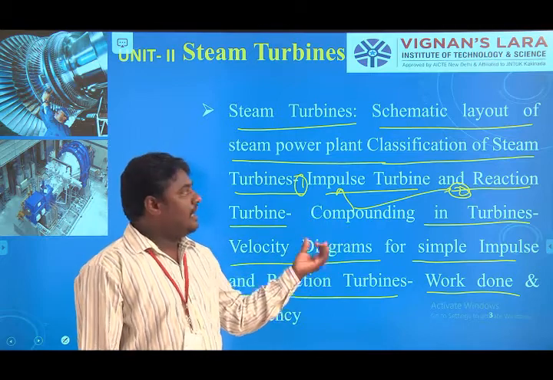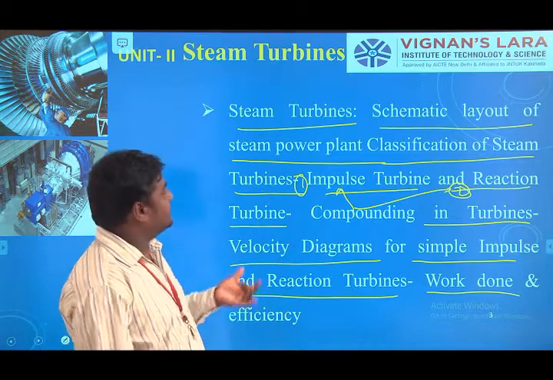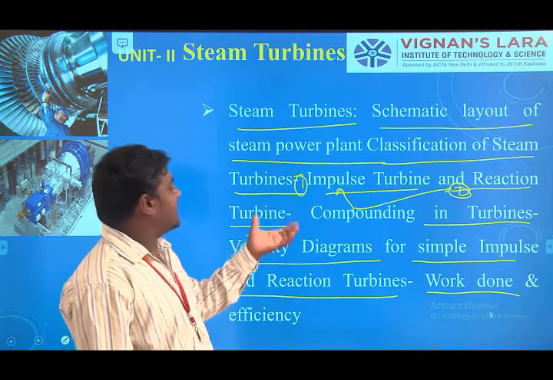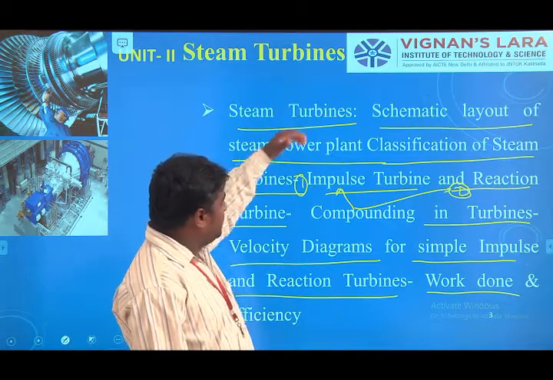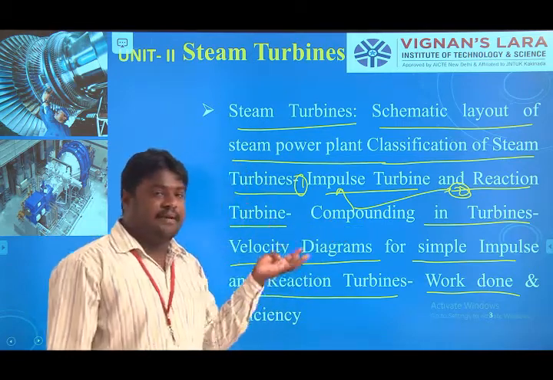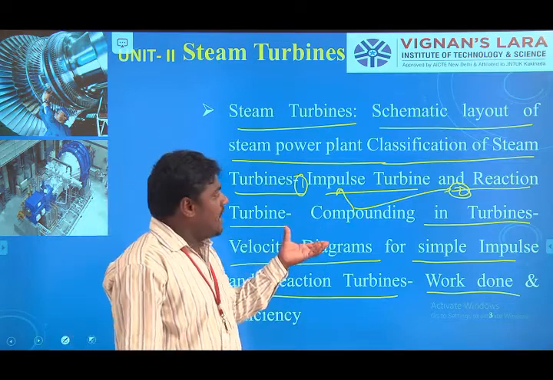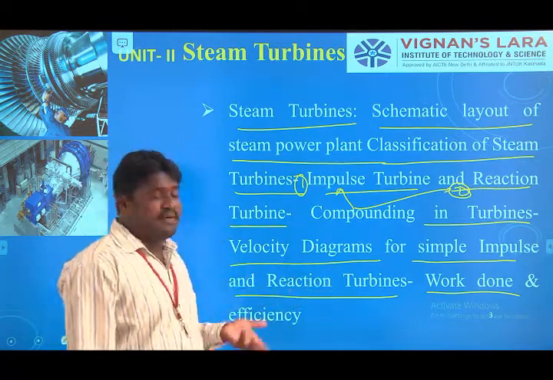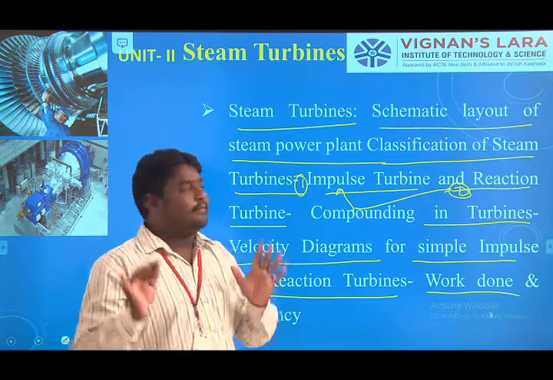These are the syllabus. The first part is already completed, then the second part will come. In this class I have discussed the systematic layout of steam power plant and classification of steam turbines like impulse and reaction turbines. After completion of that, in the next class I will explain the comparison between the impulse turbine and reaction turbine, then the velocity diagram for simple impulse and reaction turbines, work done, and the thermal efficiency of the impulse turbine and the reaction turbine.